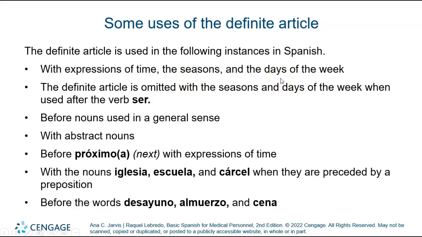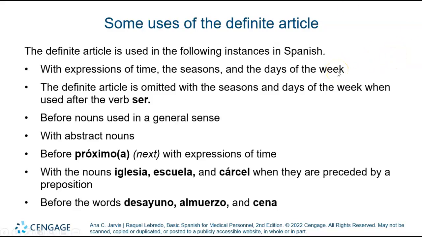And days of the week. Now, you don't always use it with days of the week, and we'll go to point number 2. The definite article is omitted with seasons and days of the week when used after the verb ser. So if I say hoy es lunes, or today is Friday, hoy es viernes, after the verb ser, I would not use it.